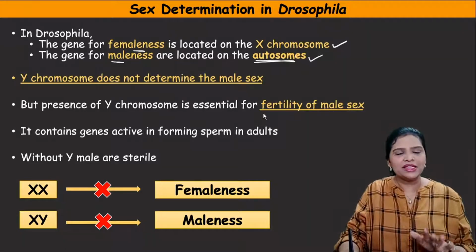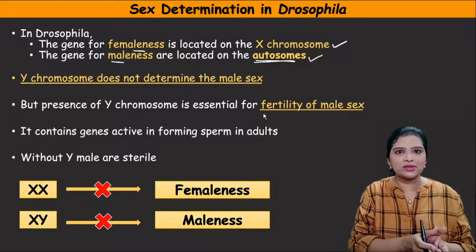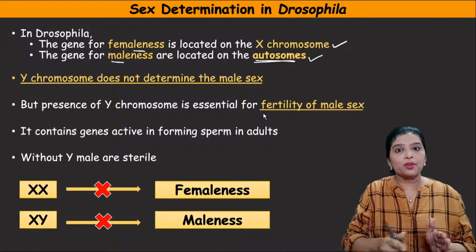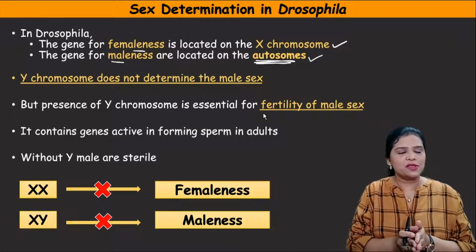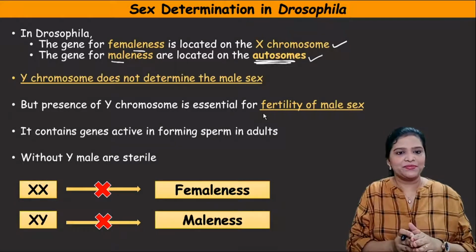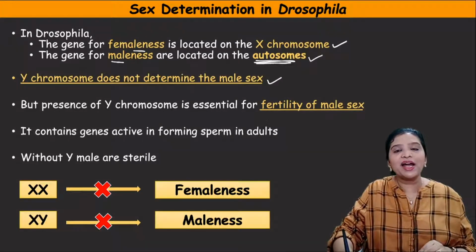Just now we have seen that autosomes are the chromosomes responsible for body characters apart from sex characters, whereas in Drosophila, autosomes are responsible for the male character. So in Drosophila, the Y chromosome does not determine the male sex.